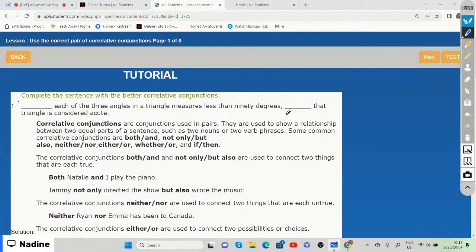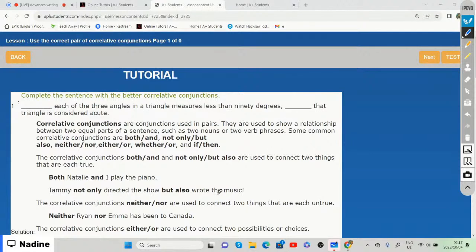Not only, but also, right? We just usually say but. Neither, nor, either, or, whether, or, and if, or then. So those are the most common correlative conjunctions that are being used, right?